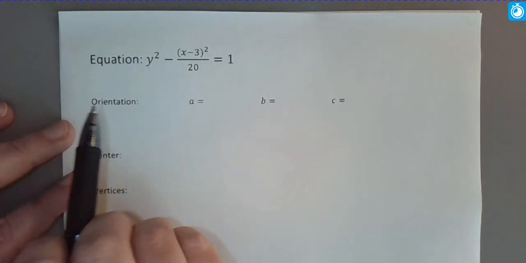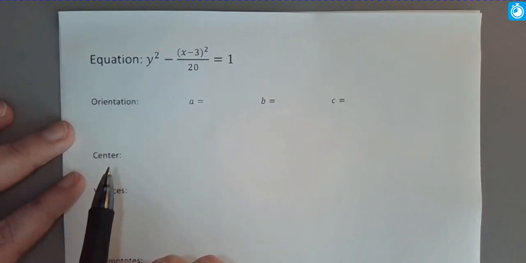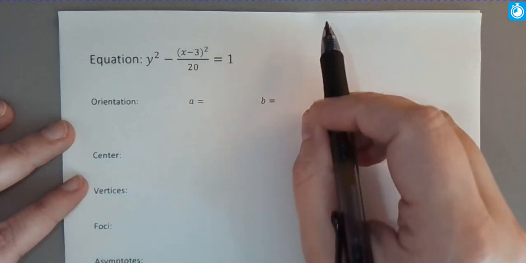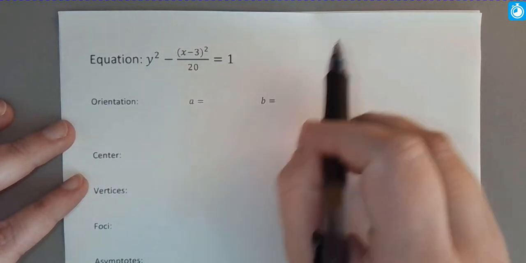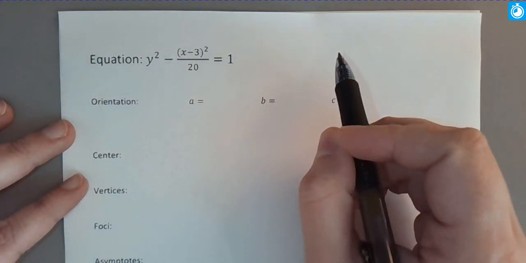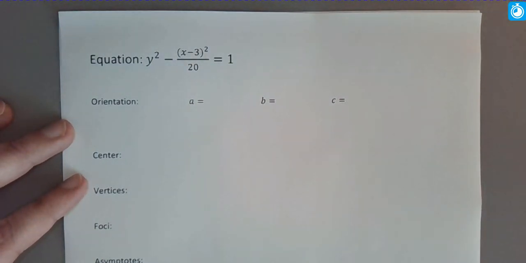First thing we want to determine is what the orientation of this graph is going to be. We have two possible orientations for a hyperbola. We can have a vertical hyperbola where the branches are stacked on top and bottom, and we can have a horizontal hyperbola where the branches are stacked left to right. The way we determine which case we fall under is based on which of our two variables has a positive sign and which has a negative sign associated with its term.